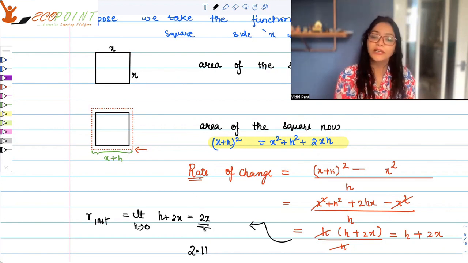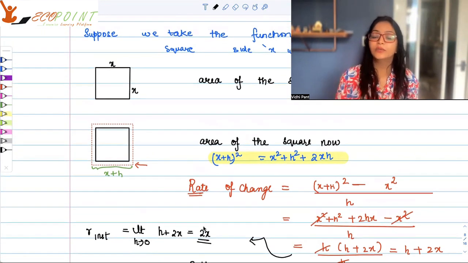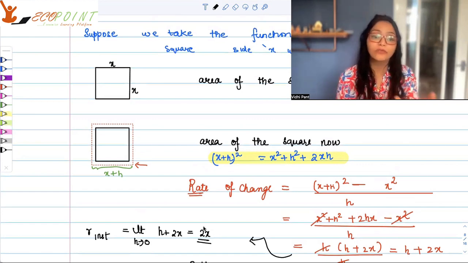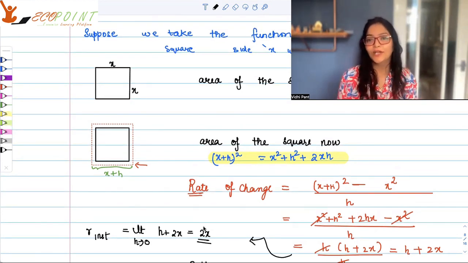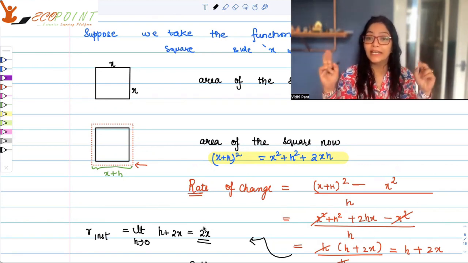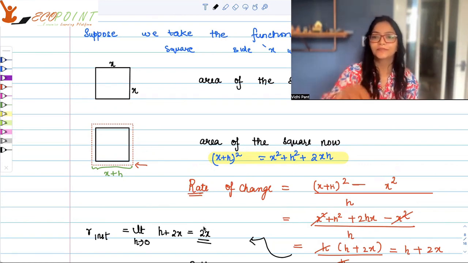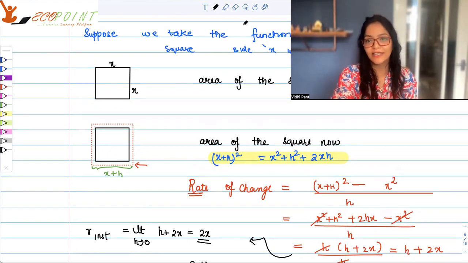The moment you give different values of x, you will generate different values of the rate of change. And that gives birth to the concept of the derivative function, which is something that we will be learning next. Thank you.